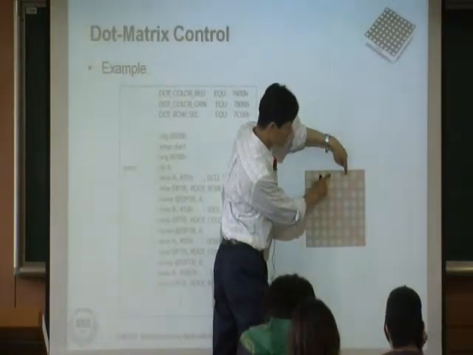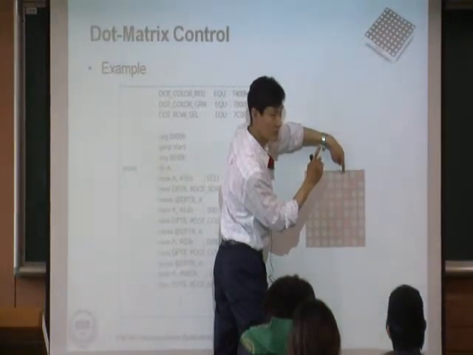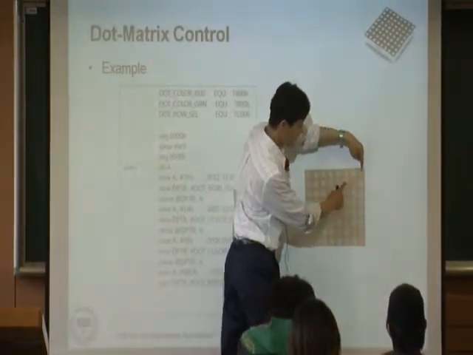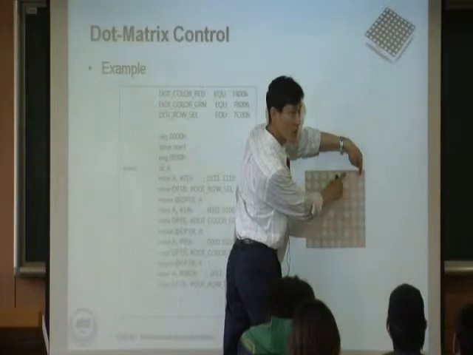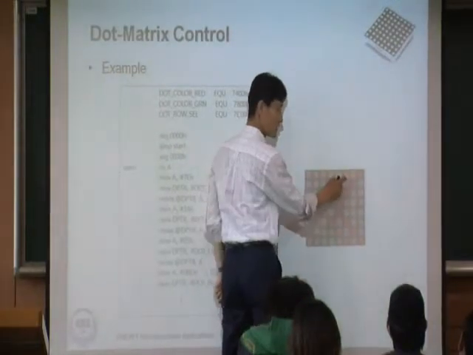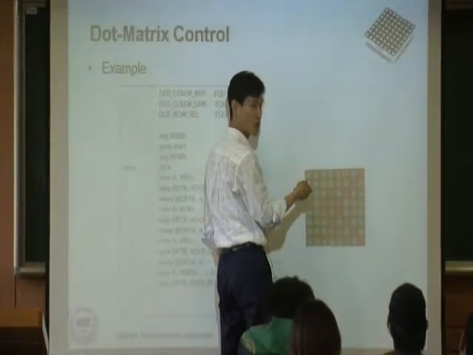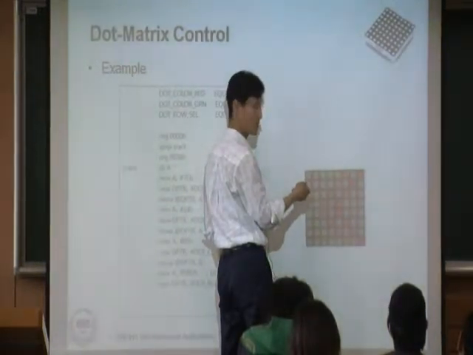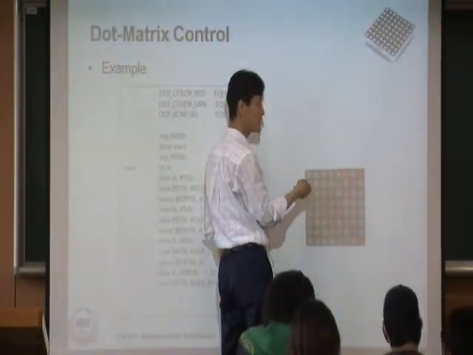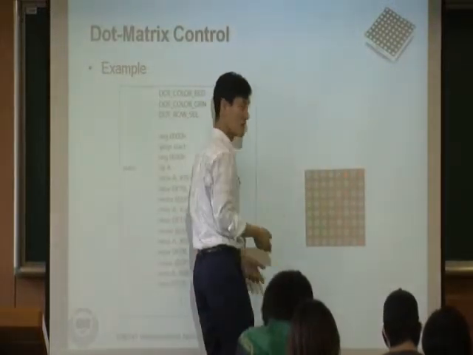For the red, I want these 2 bits to be 1. So for this particular pin right here, for amber, red is 1 and green is also 1. Both red and green are 1. That's how it is mixed. That's how you turn on.